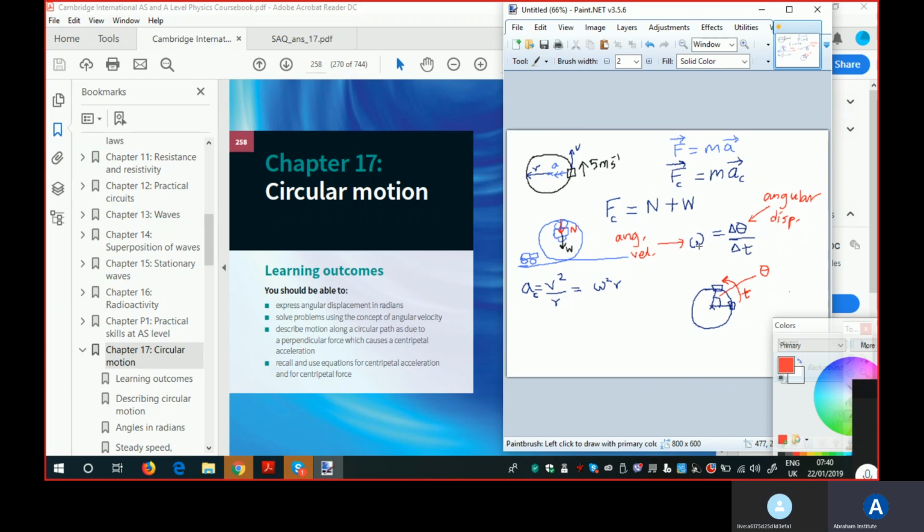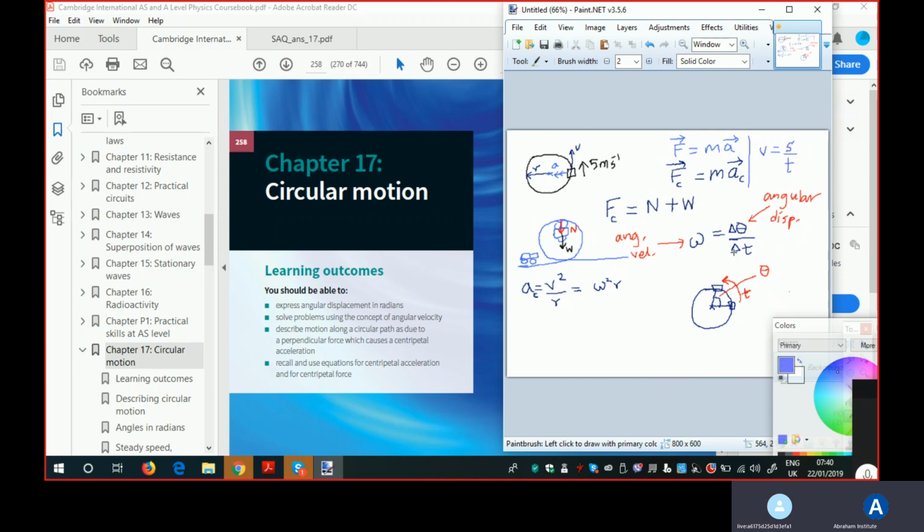Then you can see this is similar to velocity, which is displacement over time. What you had learned so far was velocity is equal to displacement, simple s, divided by time.